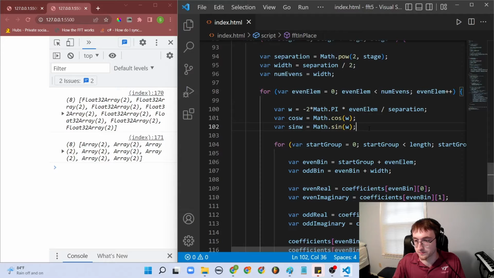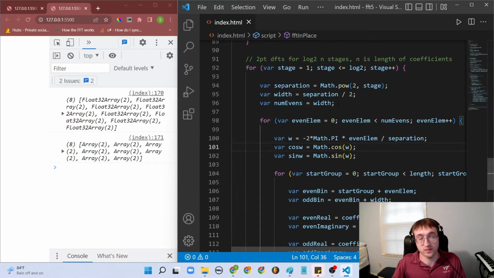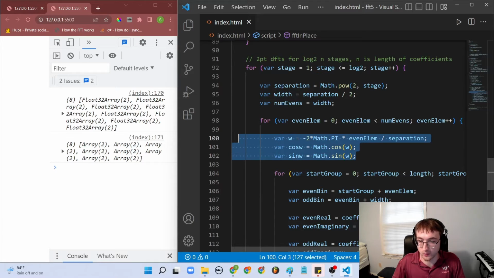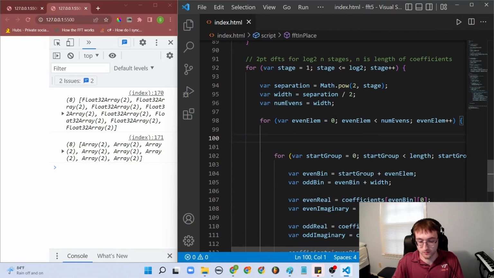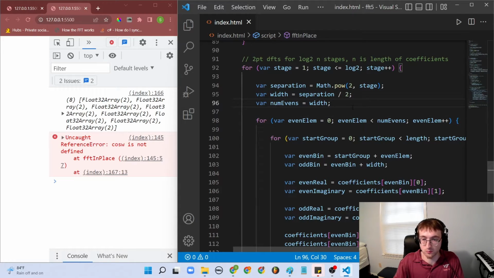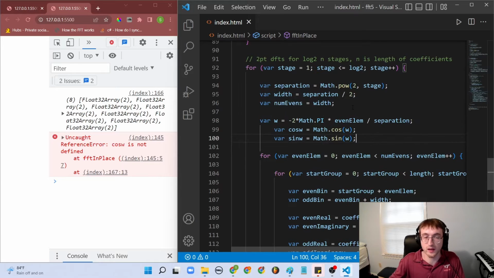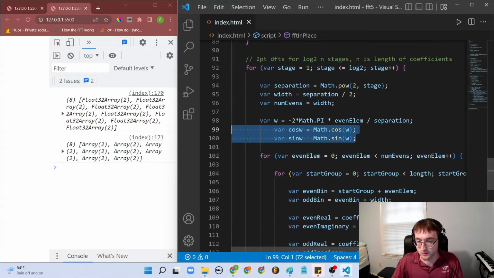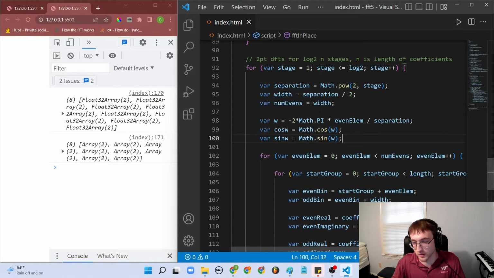All right. So, what is the point of that? Well, the point of that is to essentially pull this out of here and put it up here. And so, yeah, we're going to get some errors because we don't have even element yet, right?